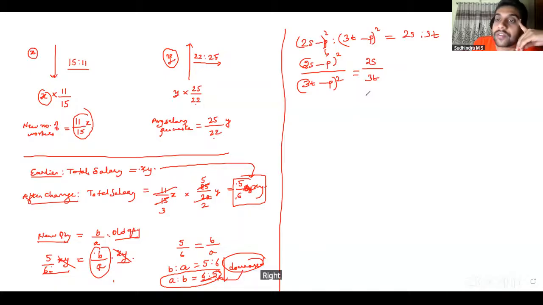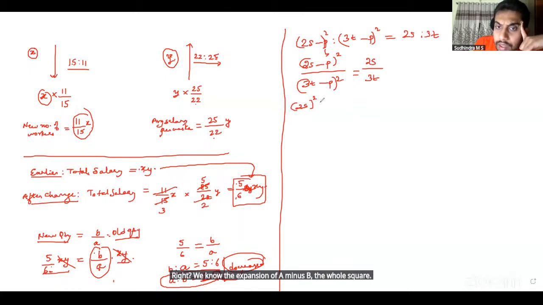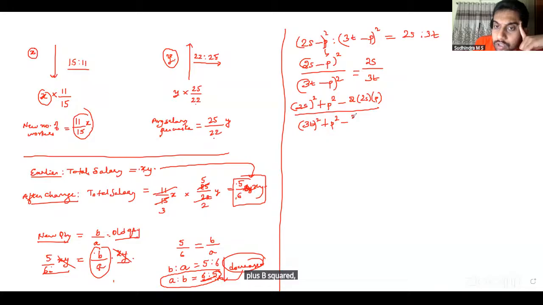Right? We know the expansion of a minus b the whole square. a square plus b square minus 2 into a into b, divided by a square plus b square minus 2 into a into b, is equal to 2s by 3t.